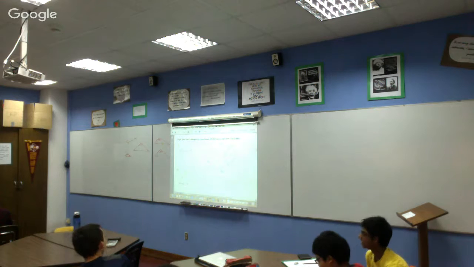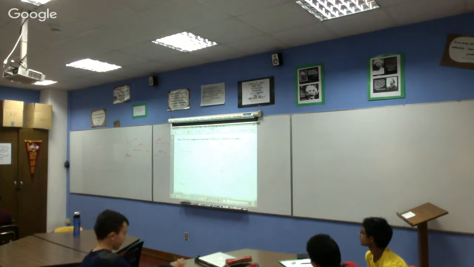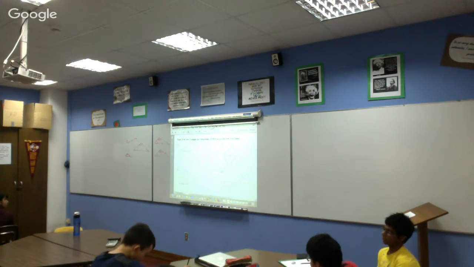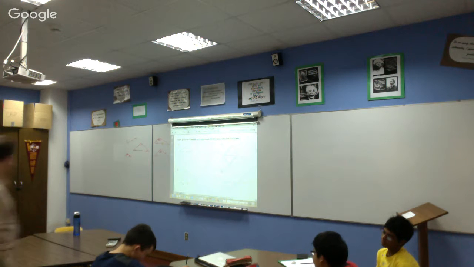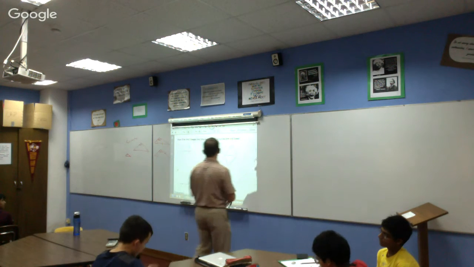State if the two triangles are congruent. If they are, state how you know. Well, before you get into this, what are some ways that we can state how we know? Again, keep in mind, mathematicians are somewhat lazy. We're not going to write huge dissertations.